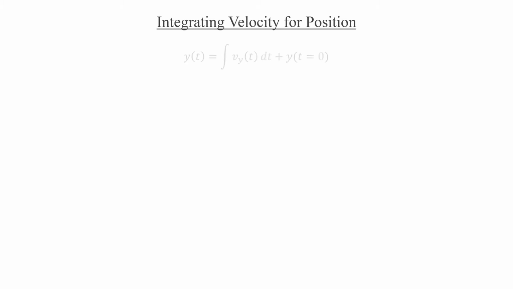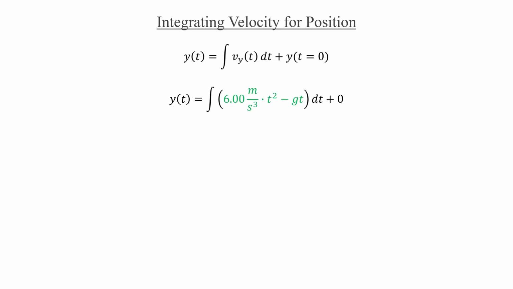If we want the position as a function of time, we're going to integrate the y component of the velocity with respect to time, and we need to account for any initial displacement in the y direction at t equal to 0. Thankfully, there is none, and we can just plug in our green velocity equation that we solved for previously.